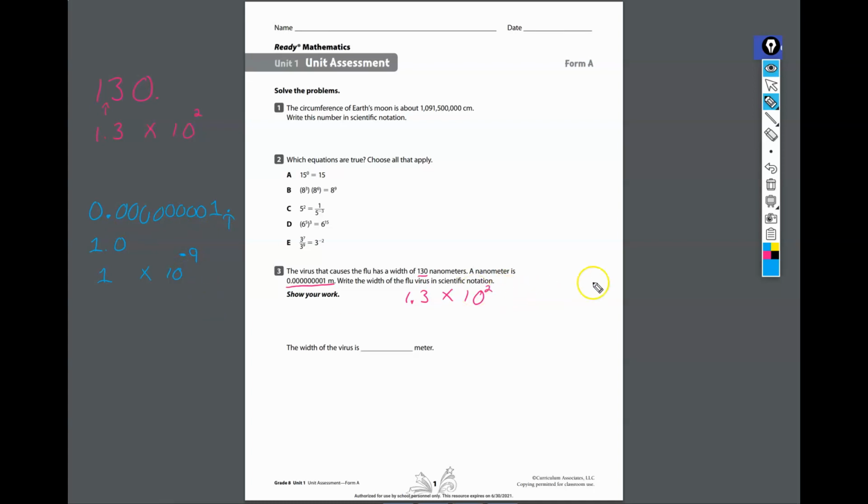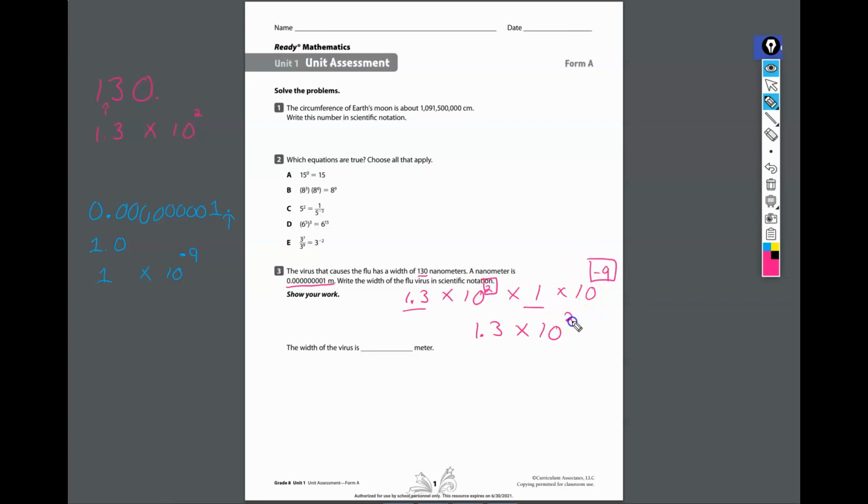So now what I'm going to do is multiply these two numbers together. All I have to do is multiply the numbers out in front, which is 1.3 times 1, which gives us 1.3. And remember, when you have the same base, you add your exponents.